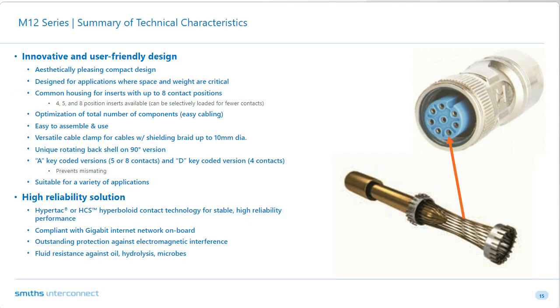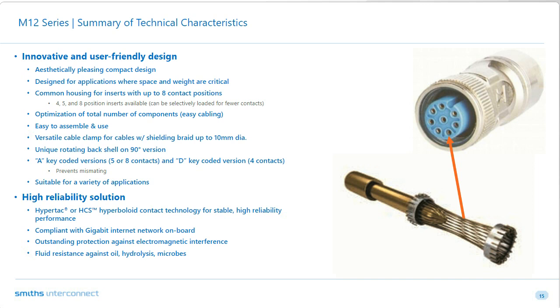Now, again, keeping the designer's point of view, keeping the technician at the heart of the product design, we have taken care of quite a few things. This has been designed for applications where space and weight are absolutely paramount, right? It's a common housing for inserts with up to 8 contacts, whether you've got a 4, 5, or 8 position insert available.